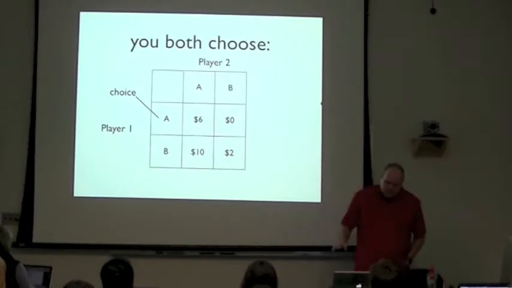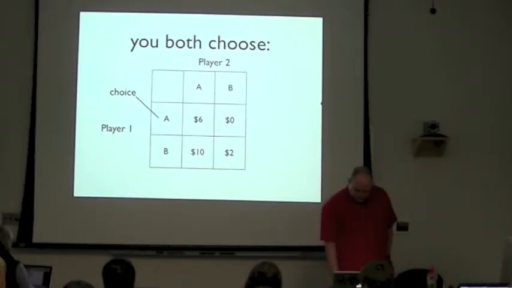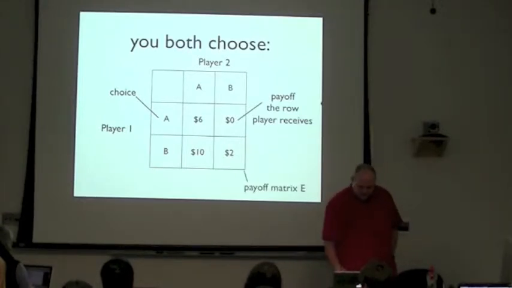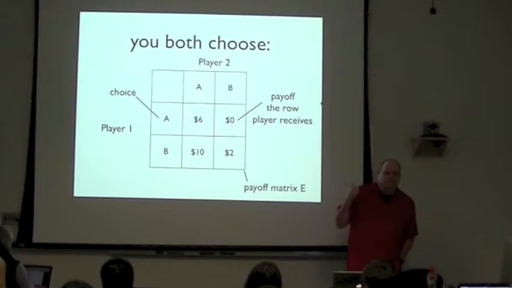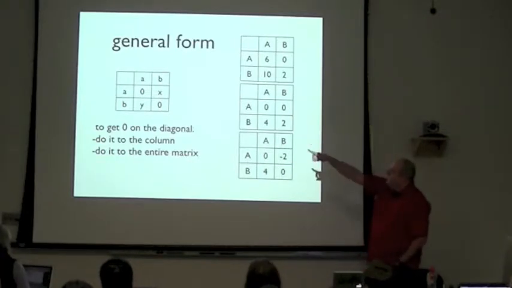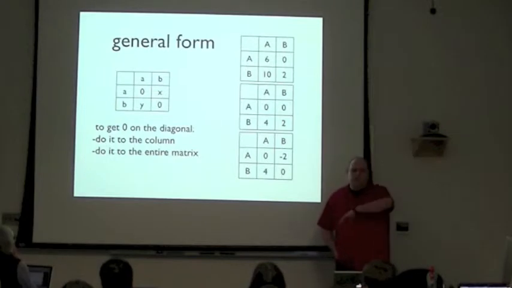I'm going to talk about these matrices a lot, but again, remember, it's about choices. The payoff is for the row player, which means the player on the left gets this. And this entire matrix is what we call a payoff matrix. Don't worry, we're not going to go too much into math here. But in its general form, we always try to bring this matrix into a form where we have zeros on the diagonal.